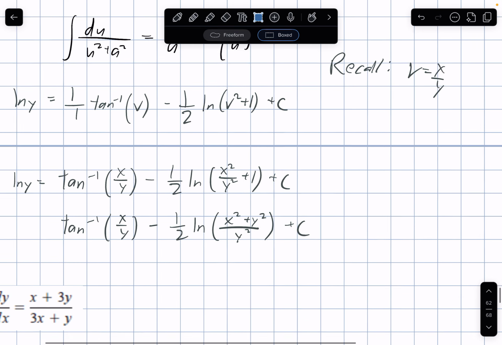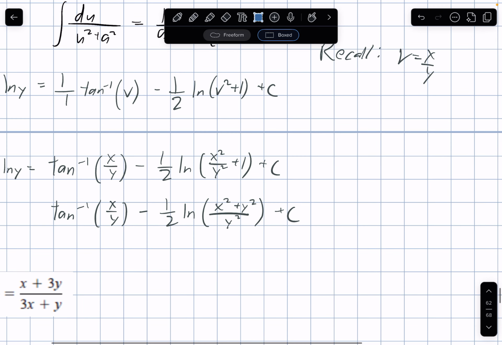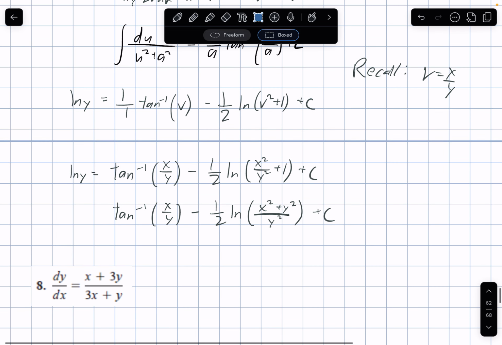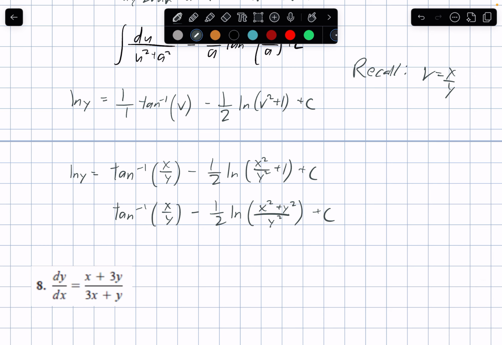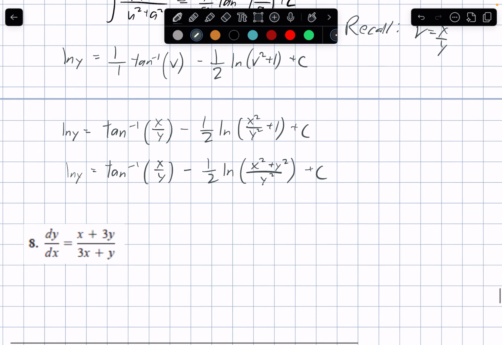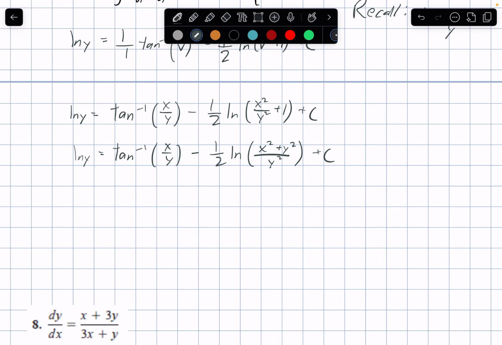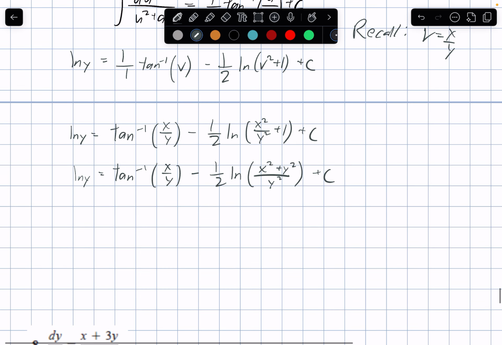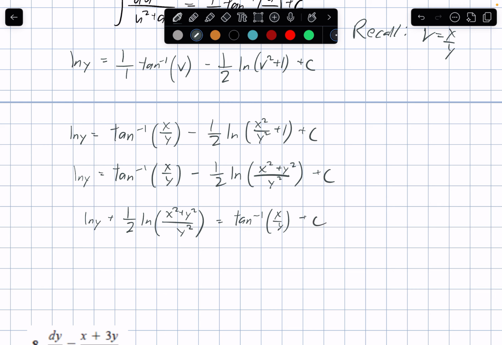Okay, let's check the solution now. Okay, yes, the solution is very, very similar. Oh, wait, there are two ln's. I didn't write it completely. So, try not to be careless in the exam. 1 over 2 ln x squared plus y squared over y squared equal to arctangent x over y plus c.